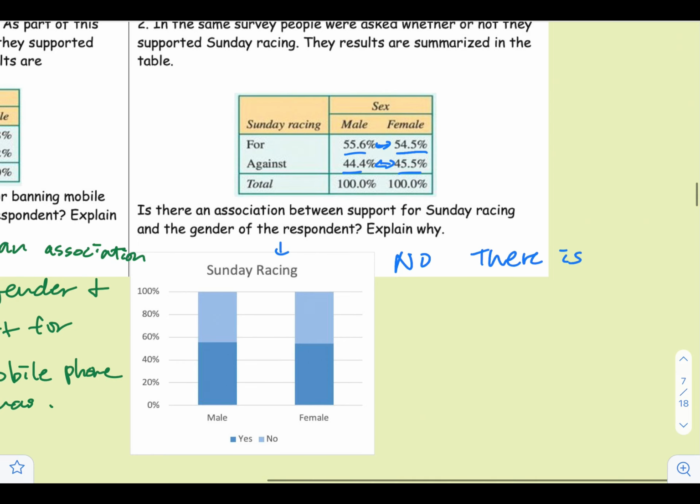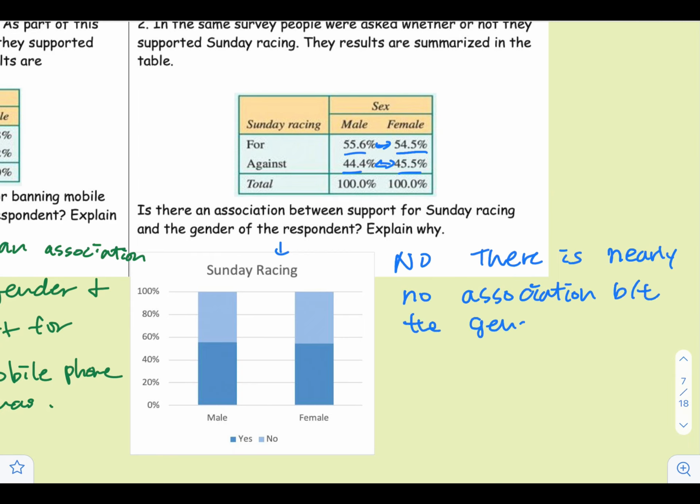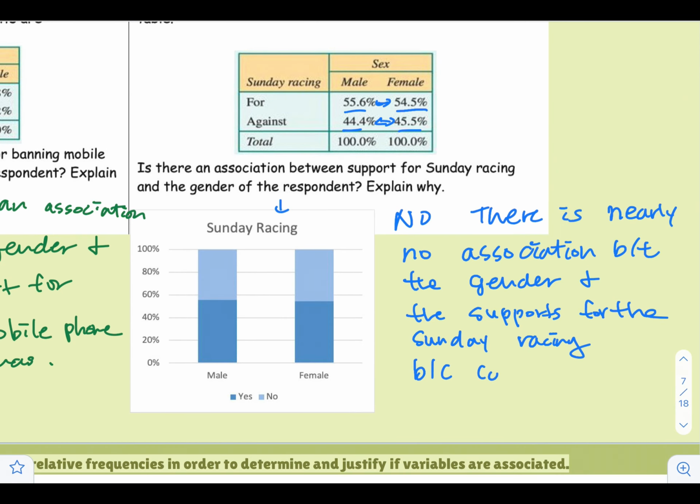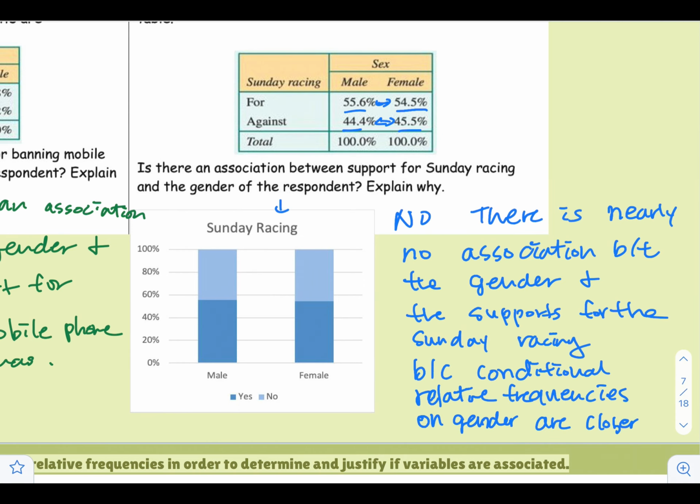There is nearly no association between the gender and the support for Sunday racing, because the conditional relative frequencies on gender are close to each other.